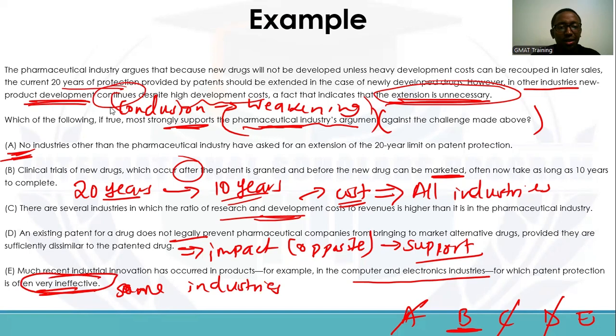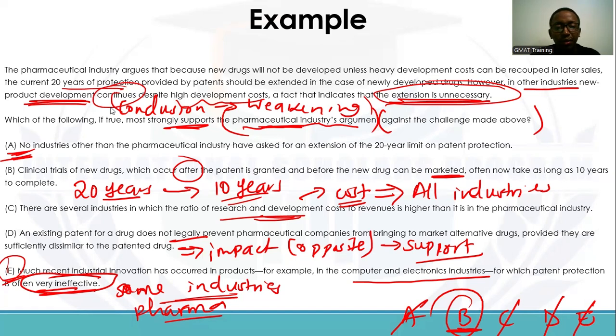The fact that it's ineffective in these other industries does not mean that it's ineffective in the pharmaceutical industry. So this option has really no impact on any of our conclusions. So for that reason, E is out of scope and we can eliminate it. So we can safely pick our answer as B.